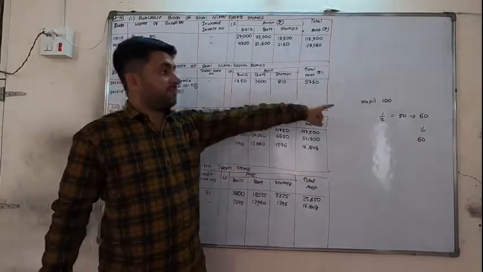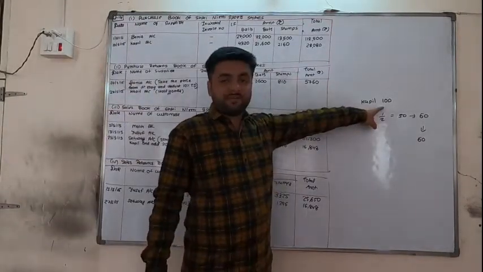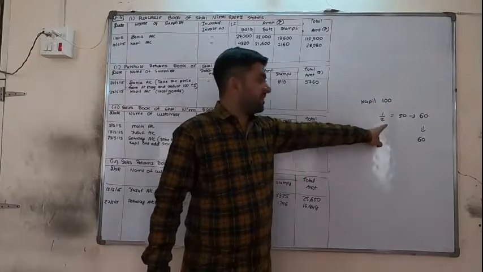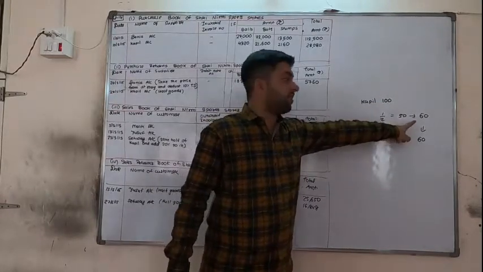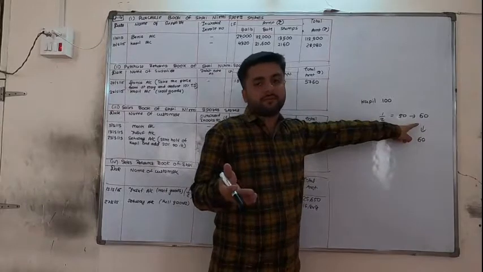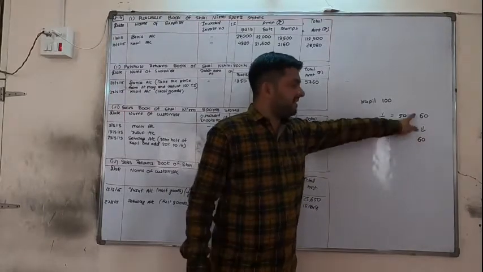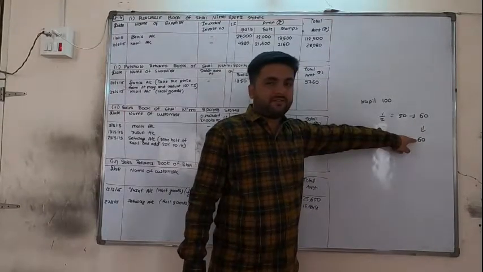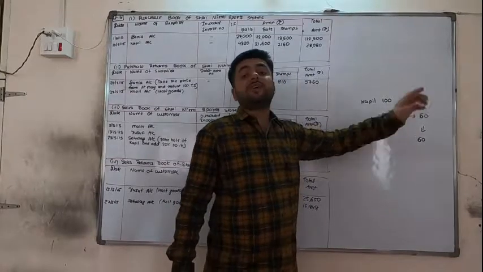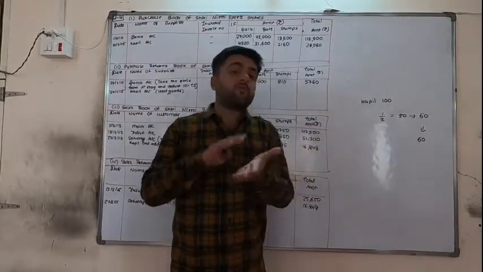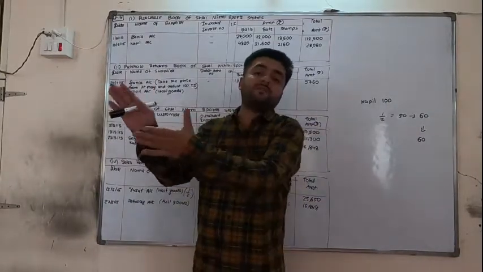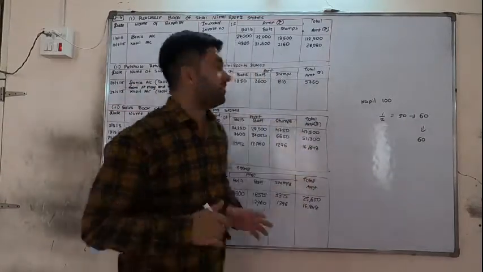Why half goods? Because to Sehwag we have sold only half goods, and only that half is returned. See, from Kapil we have purchased 100 rupees, suppose. To Sehwag we are selling 50 rupees goods for 60 rupees because we have added the profit. Then Sehwag is returning whole goods, so Sehwag will be returned 60 rupees and Kapil goods are 50 rupees, because the half goods which we have sold to Sehwag only we have to return to Kapil.